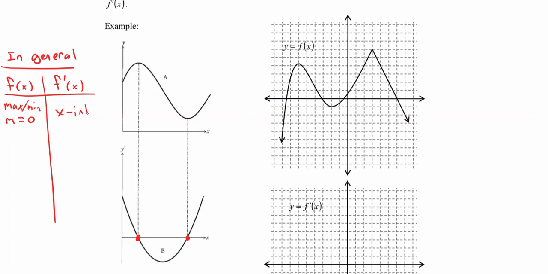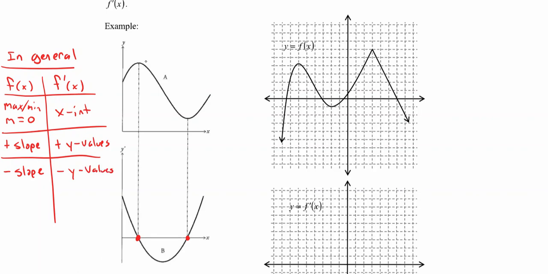So slope is 0, x-intercept. If we have a positive slope on the original, then that's going to be positive y values. And the opposite, if we had a negative slope, then that's going to be negative y values. That was just this part. If this thing has a negative slope, that just means it's going to be down here.